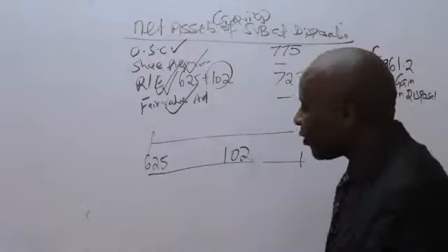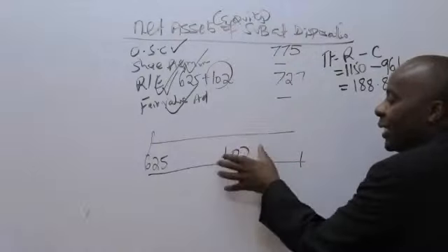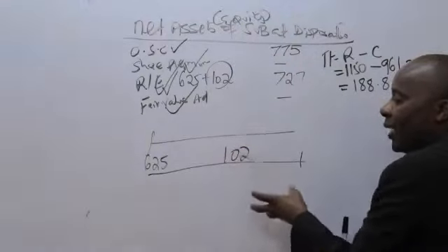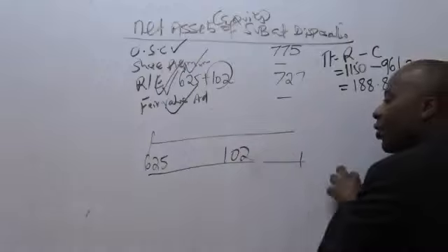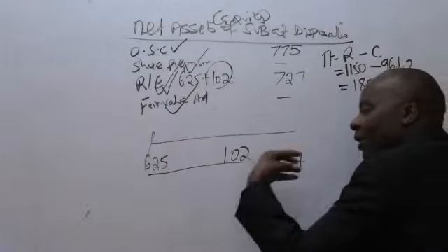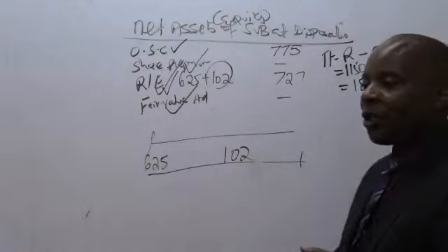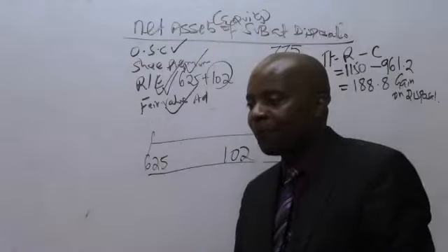So by the end of the year, what will be the total retained earnings? Remember, these guys never paid any dividend. So at the end of the year, it will be the 625 that it came with, plus the 102 which has been retained to become part of that. Mary, are we together there?